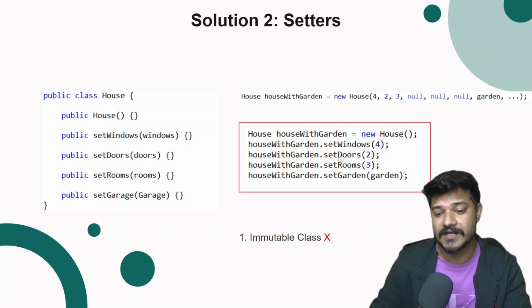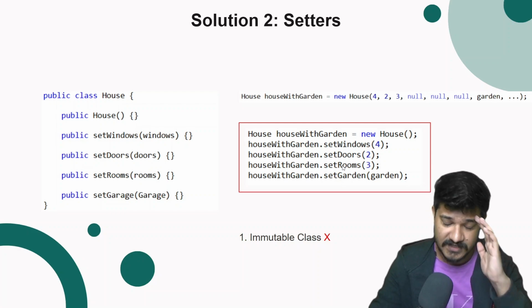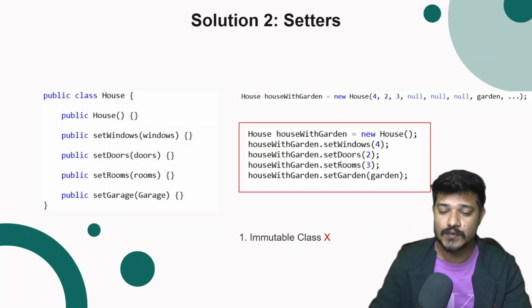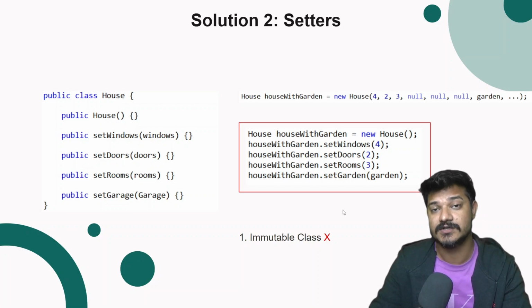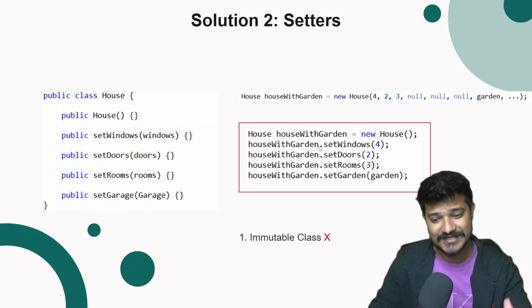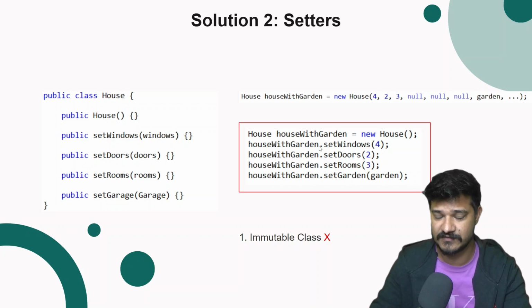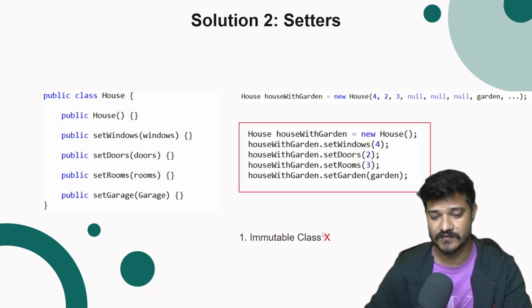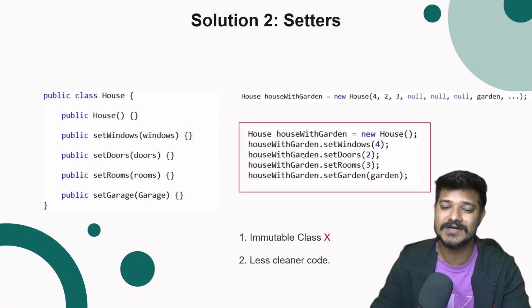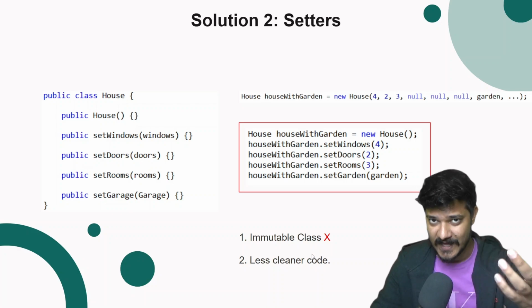But since you are providing setters, once you have defined an object, you can change the values of that object, which we don't want. So it doesn't work with immutable classes, and the code is not as clean as the builder pattern can provide.